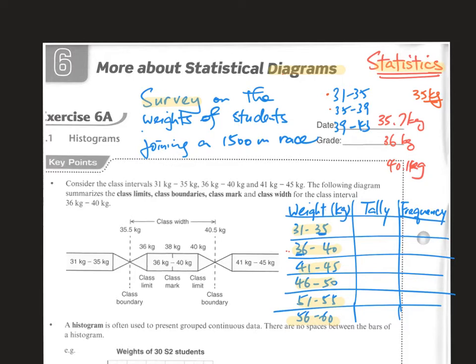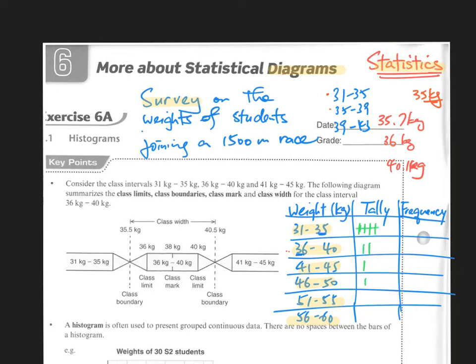After you have made the table, you can start asking the students about their weights and put the data into the table. For example, 36 kg for the first student, then 44, 47, etc. Next you put some strokes in the tally.